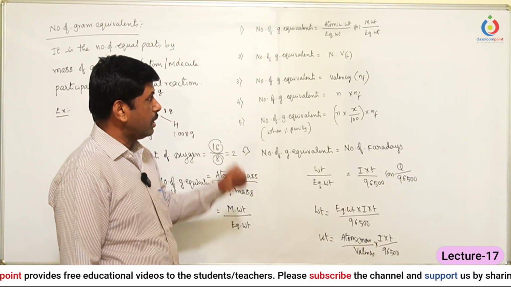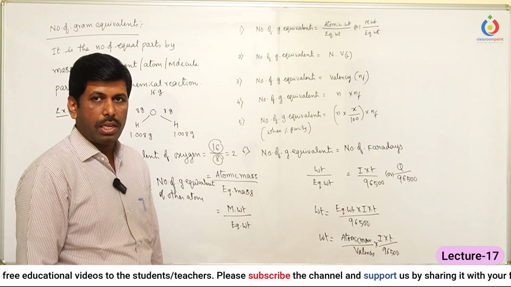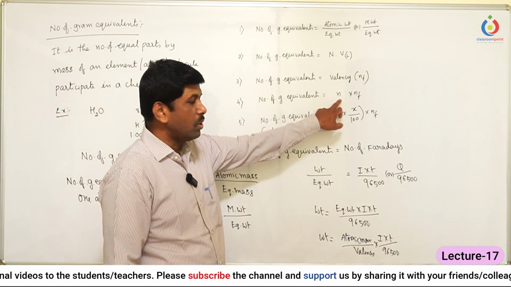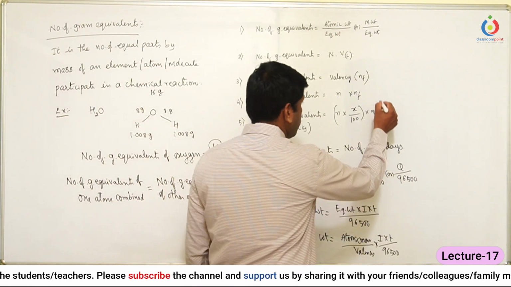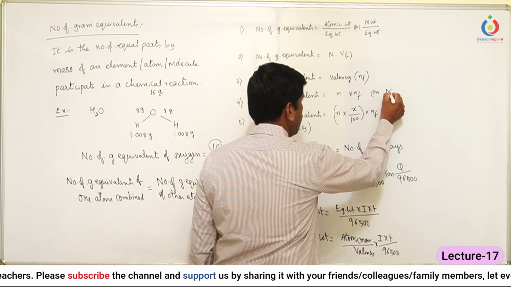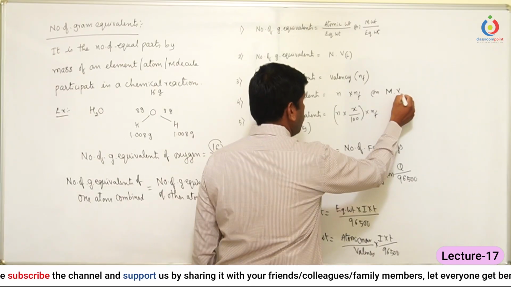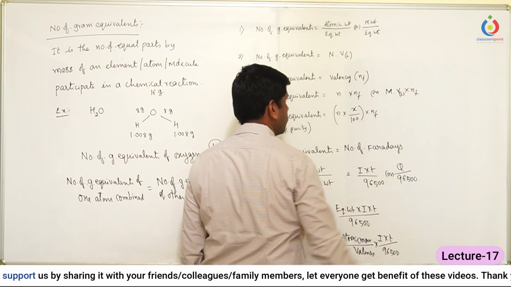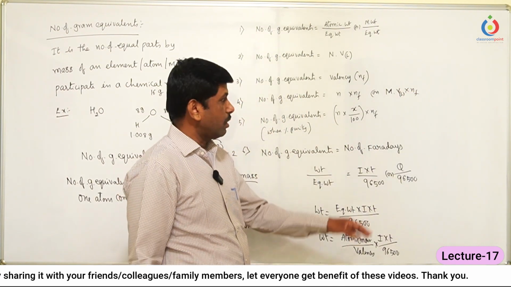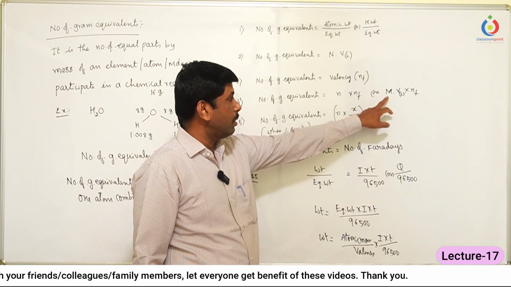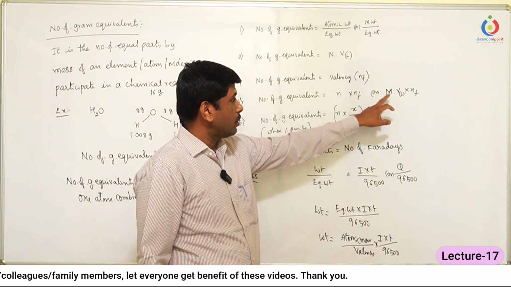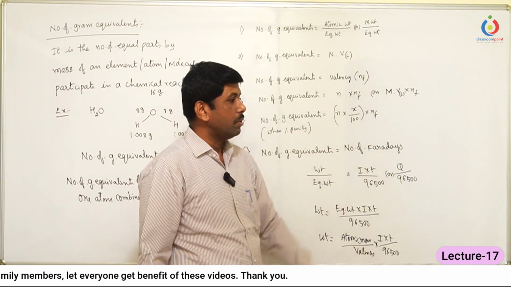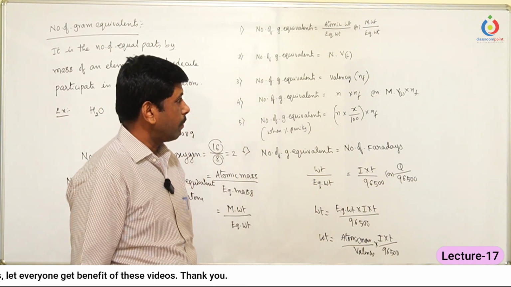Now let us see how these formulas are very helpful. See here, the number of moles is given. In place of the number of moles, you can write molarity into volume, into n factor, because the number of moles equals molarity into volume.